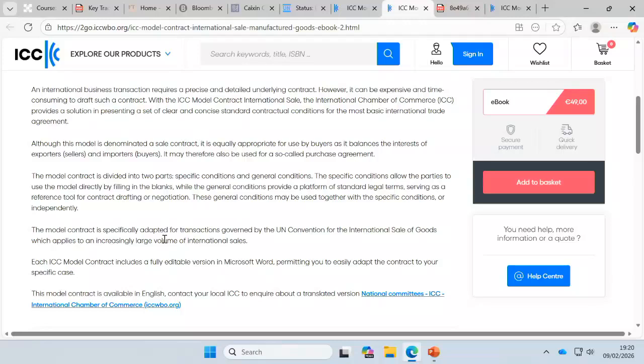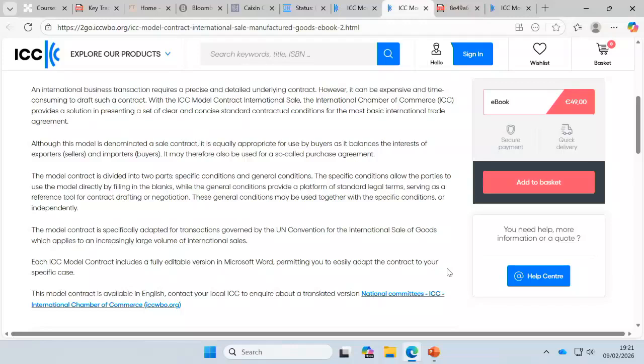This is thus a standard document which takes that CISG framework and puts it into a contract with blanks, which can then be filled by the party. Each ICC model contract includes a fully editable version in Microsoft Word, permitting you to easily adapt the contract to your specific case.